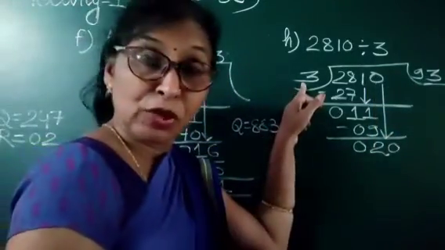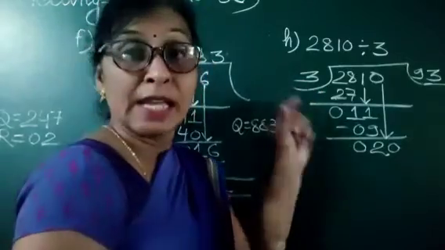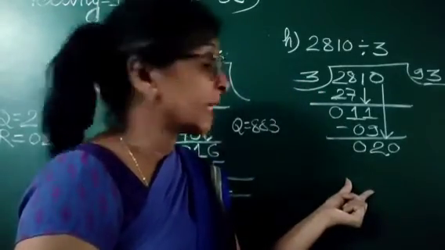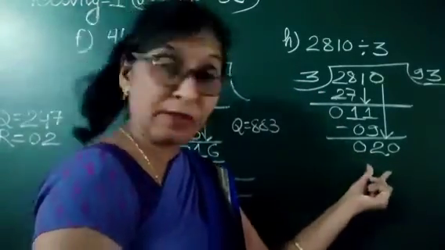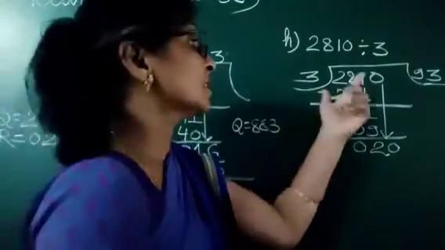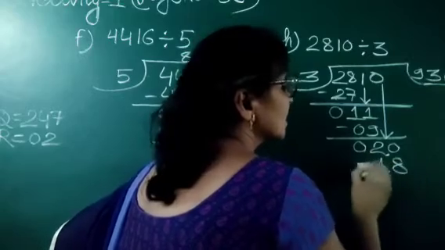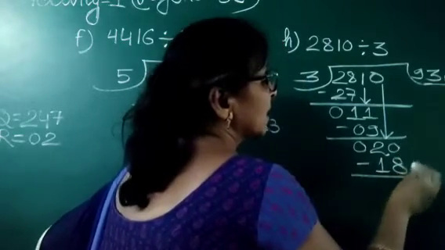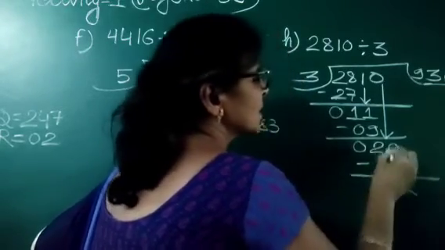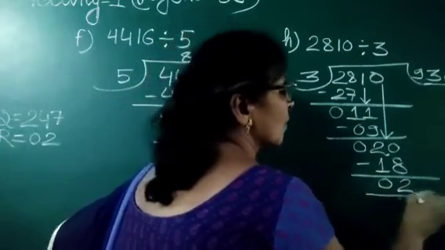Tell the table of 3. 3 8s are 24, more than that. 3 7s are 21, more than that. 3 6s are 18. So 6 times we take it. 3 6s are 18. Then 10 minus 8, 2. Here is 1 minus 1, 0.